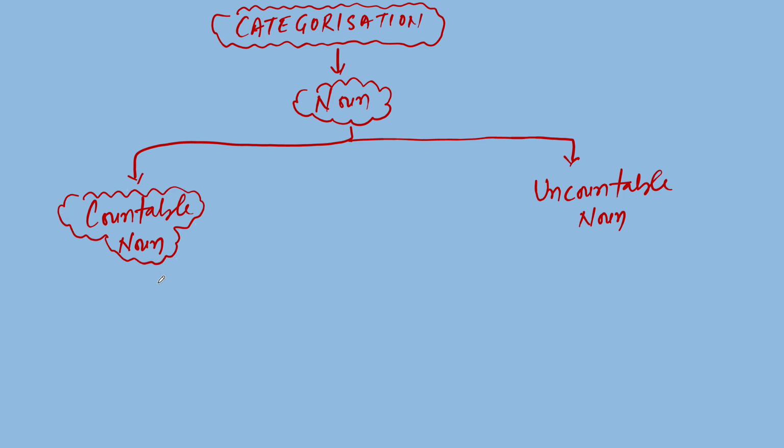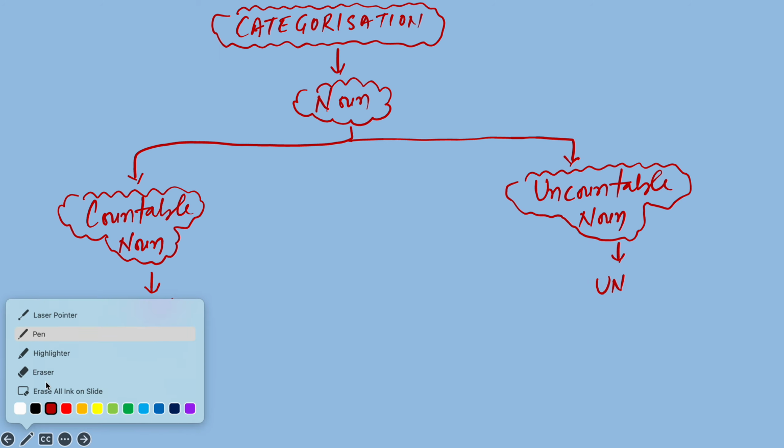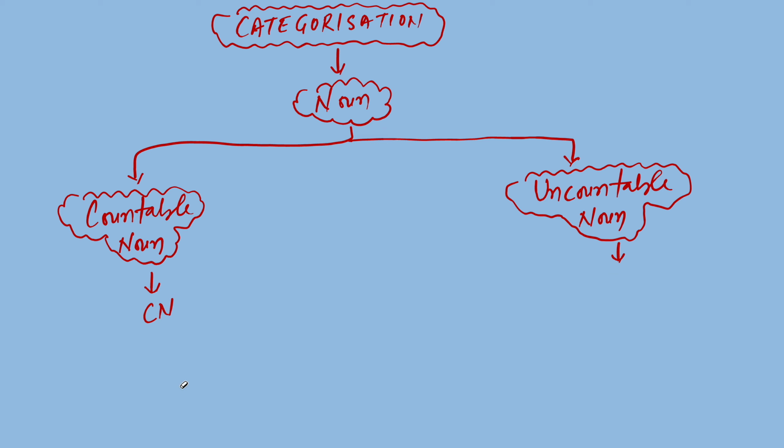So I will write here countable noun means CN. CN stands for countable noun, and here uncountable noun, so I will mention here UN. U for un, C for countable, and N for noun. So uncountable noun. Is it clear or not?